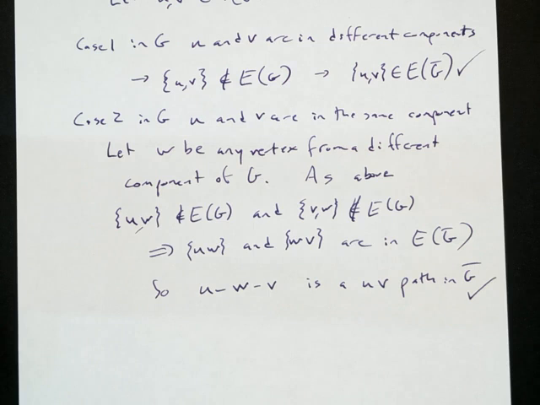Components are a way of grouping vertices. This pile are all connected to each other somehow. This pile are all connected to each other somehow. What if I have a connected graph and I still want to try and divide up my vertices somehow?